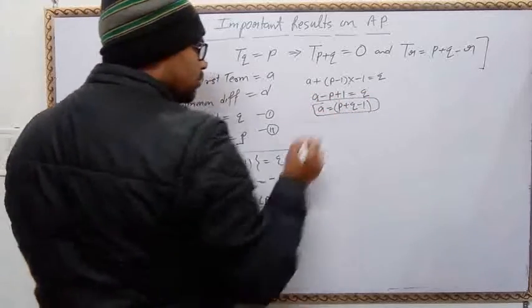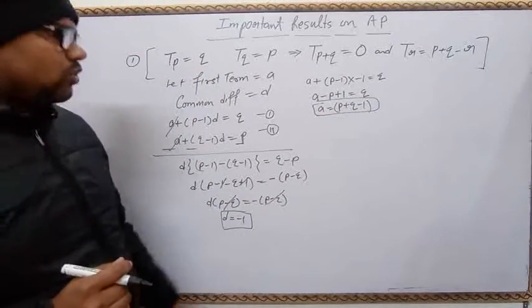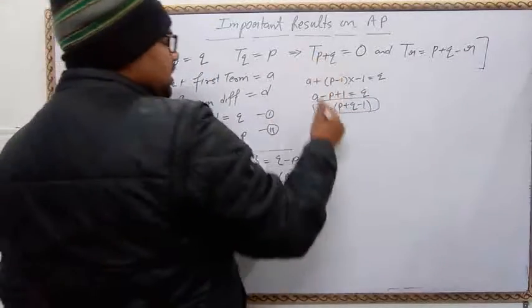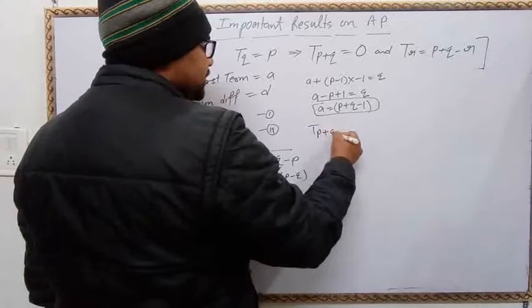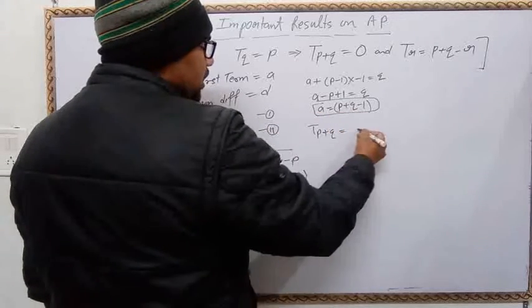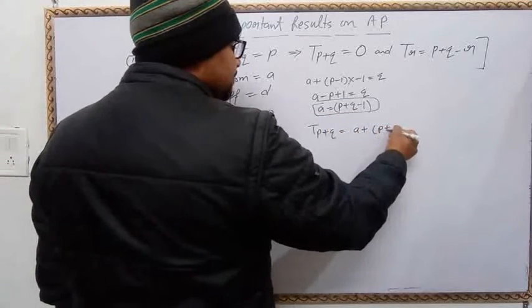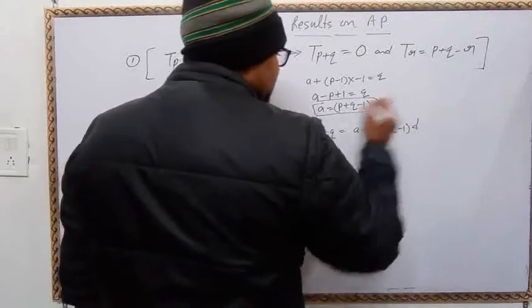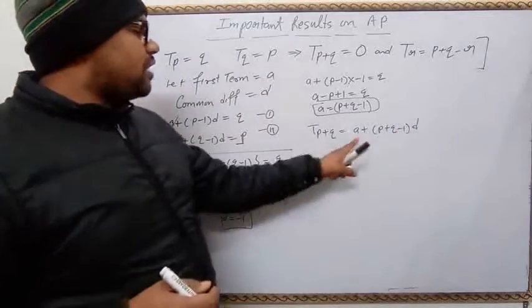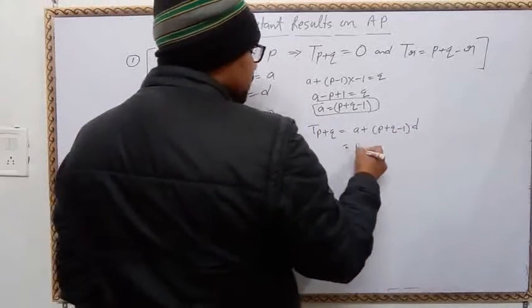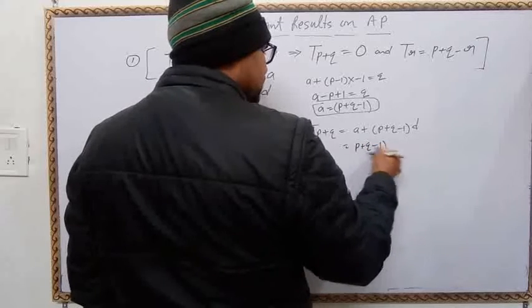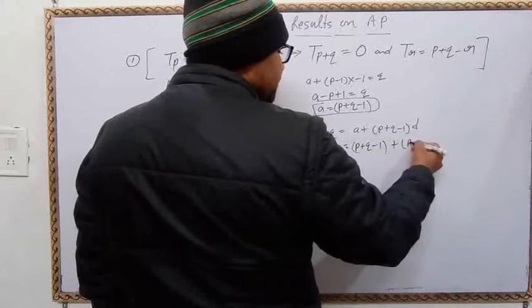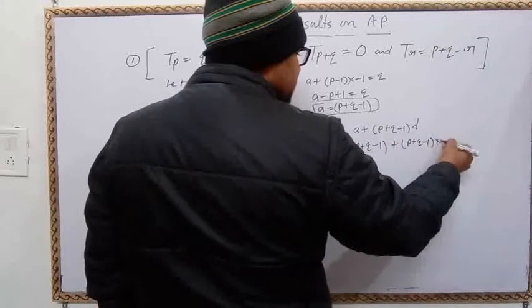Okay. A equal to P plus Q minus 1 and D equal to minus 1. For the first result, T(P+Q) is equal to A plus P plus Q minus 1 into D. Now we will put the value of A. A is P plus Q minus 1 and D is minus 1.